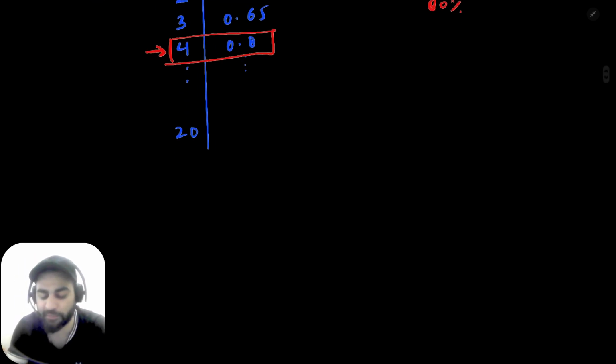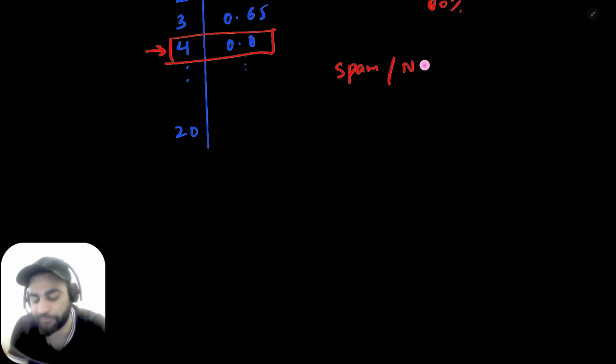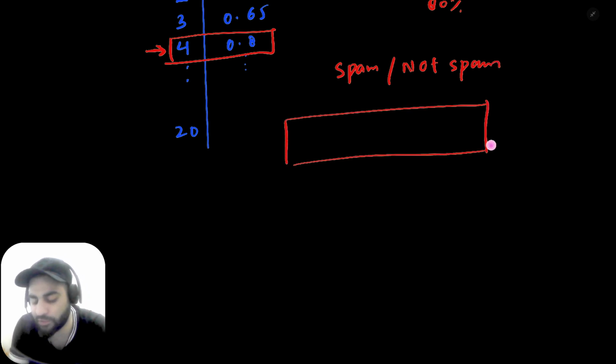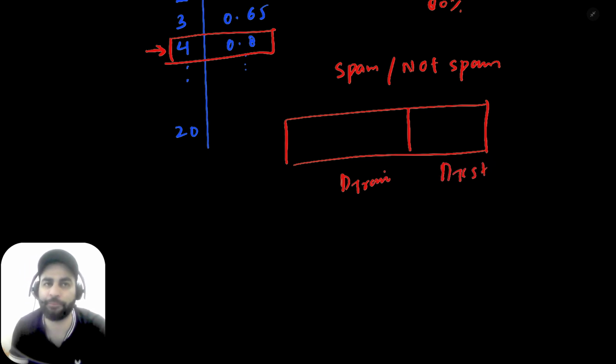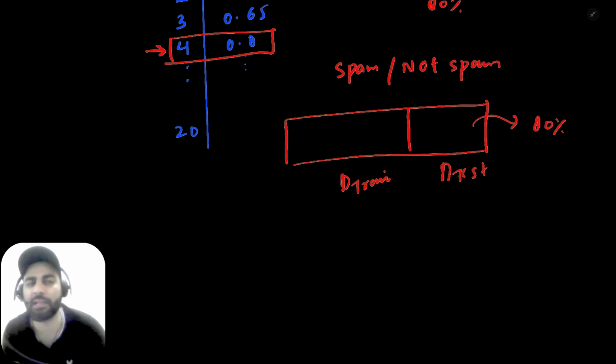So that's what I say in the spam filter. Let's suppose we were discussing the spam and not spam example. So in this I said, if I have a bunch of emails, I trained on these bunch of emails, and then what I did is I used these test emails to set this hyperparameter k. If I got the test accuracy 80%, that doesn't mean that I got the generalization accuracy of 80%.